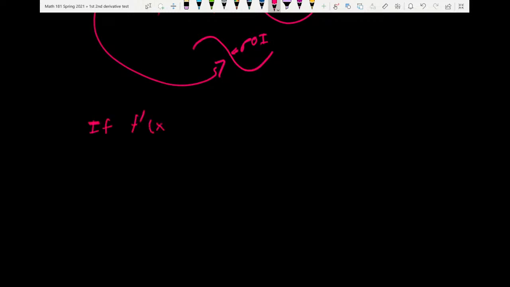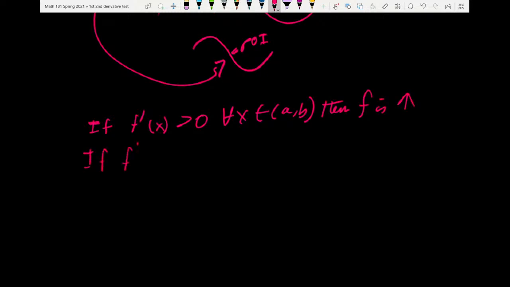If f prime of x is greater than 0 for all x inside the interval a through b, then f is increasing. If f prime of x is less than 0 for all x, then f is decreasing.